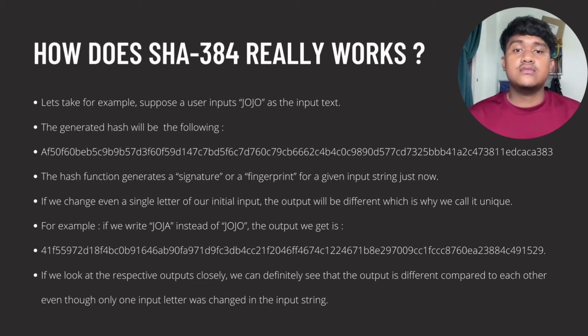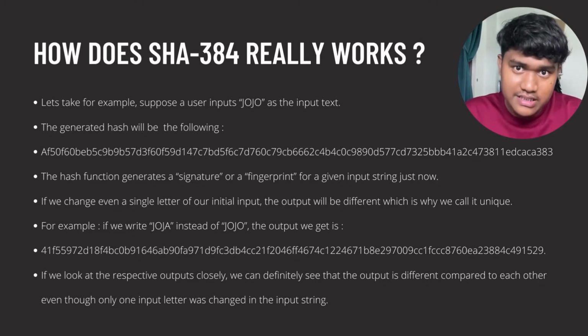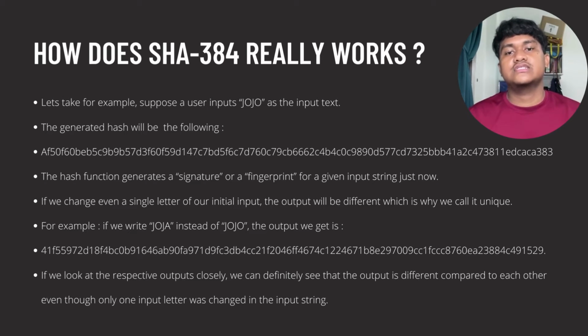Next, we talk about how SHA-384 really works. Let's take for example, suppose a user inputs JoJo as the input text. The generated hash will be the following: F5, F6, and so on until A38. The hash function generates a signature or fingerprint for the given input string. If we change even a single letter of our initial input, the output will be different, which is why we call it unique.